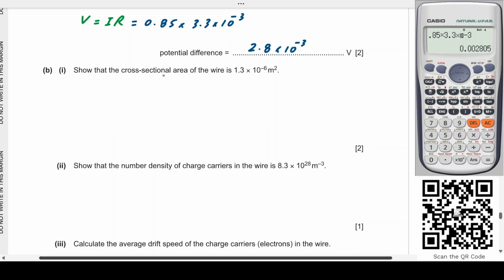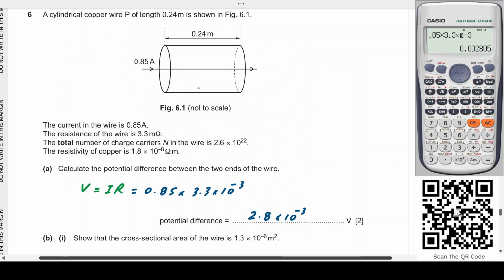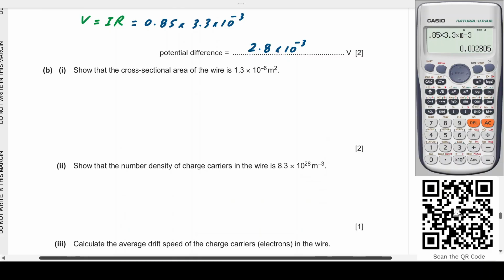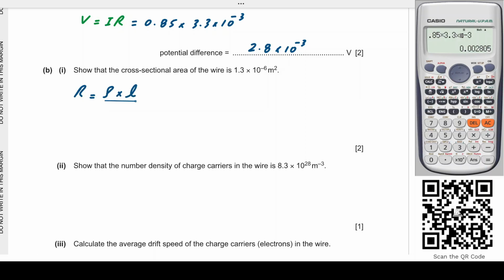Show that the cross section area of the wire is this much. Okay, so you need to find the area. So we can easily use the formula of resistance in terms of area. R equals to rho L over A. Then you can swap R and A. So the formula would be rho L divided by R. Rho represents the resistivity.